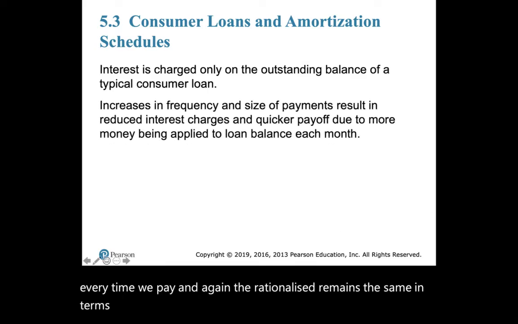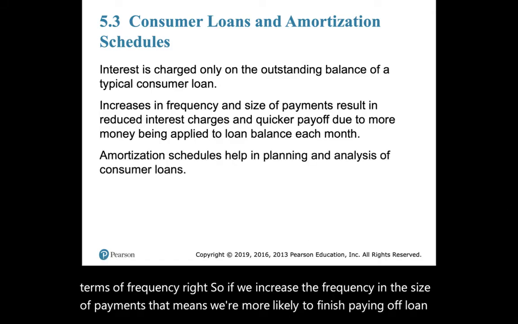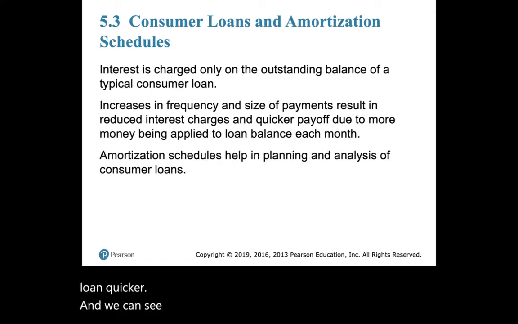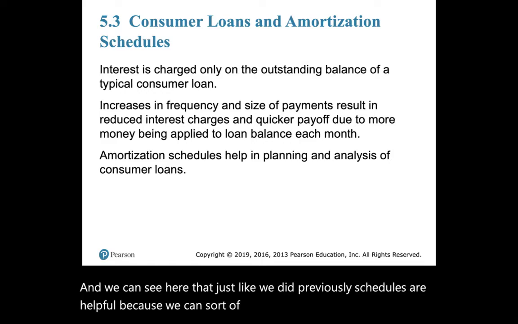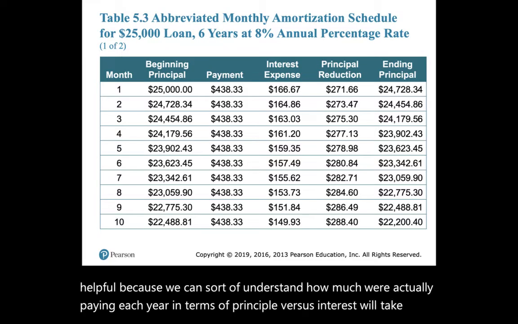If we increase the frequency and the size of payments, that means we're more likely to finish paying off that loan quicker. Schedules are helpful because we can understand how much we're actually paying each year in terms of principal versus interest, and we'll take a look at that here.